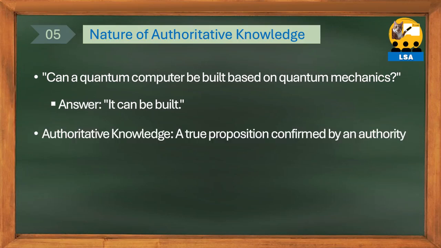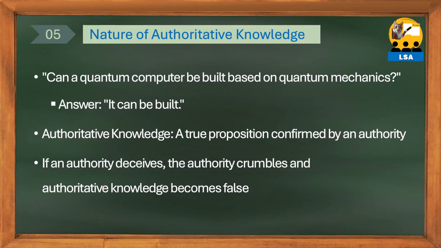Lee's Science Academy distinguishes true propositions confirmed by authorities like this from others, and calls them authoritative knowledge. If an authority deceives the world or caters to the public with distorted studies, someday the authority will crumble, and authoritative knowledge will become false.